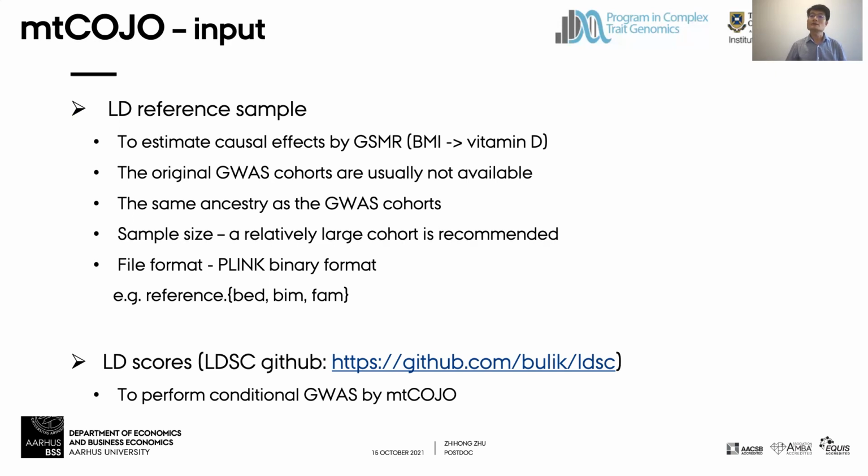We recommend using a relatively large cohort. When the LD reference sample is large, the LDs in the LD reference are likely to be consistent with the GWAS cohort. In the demonstration, we will use a cohort with 10,000 individuals as the LD reference.